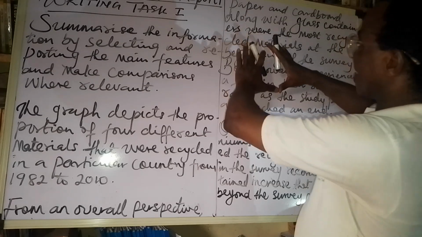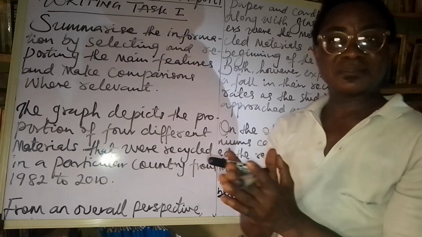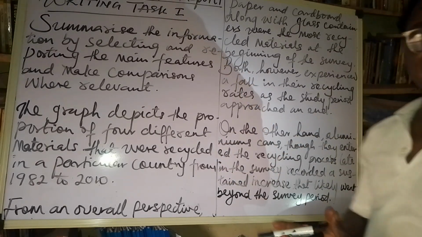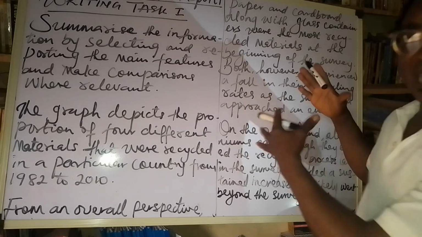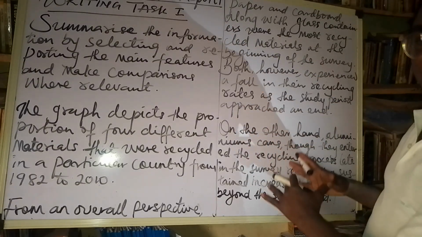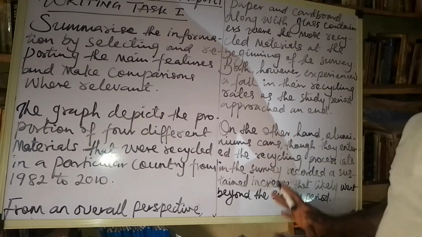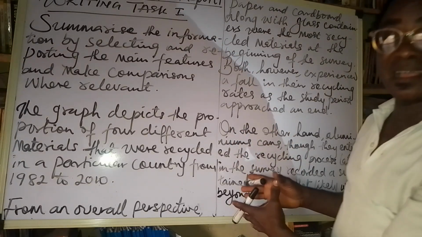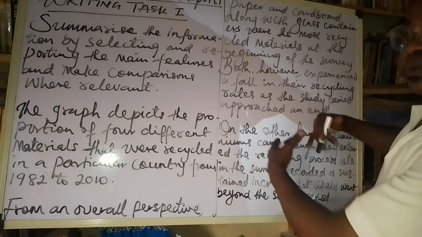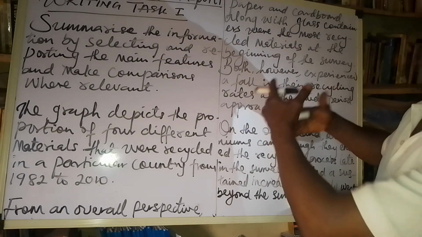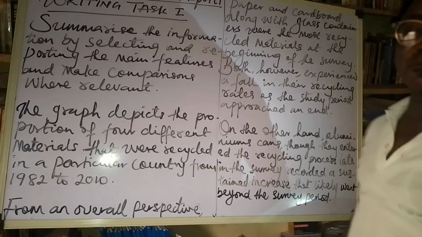The second paragraph talks about paper and cardboard, along with glass containers, which experienced early rise in their rates of recycling, but soon a fall followed. And then these are compared to aluminum cans, which entered the survey late, but began to experience a rise that is sustained and is likely to go beyond the end of the survey period.